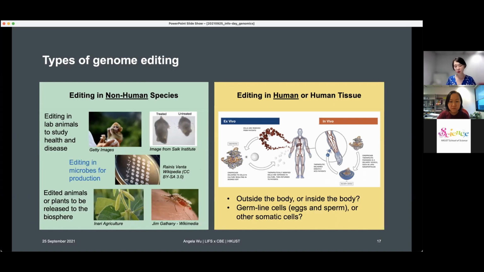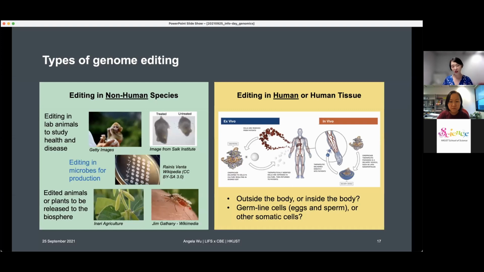And I think it's because we as humans, we usually just think about ourselves first. So a lot of people, when they think about genome editing of humans, immediately there is some alarm and there's some fear maybe. But when we talk about non-human species, relatively speaking, the level of concern is lower. And so there has been less discussion in the public about editing of non-human species.